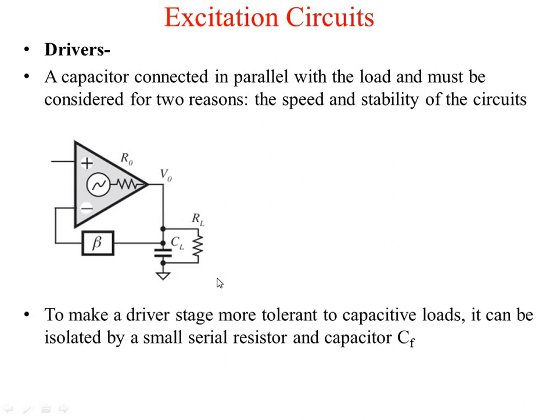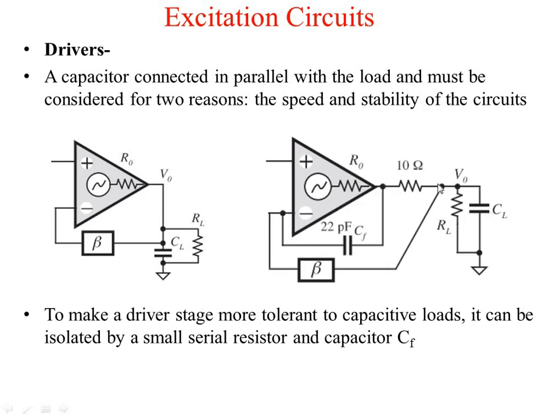If you want to make the driver circuit more tolerant to the capacitive load, then we need to add a simple series resistor and a capacitor CF. This is how you connect it.